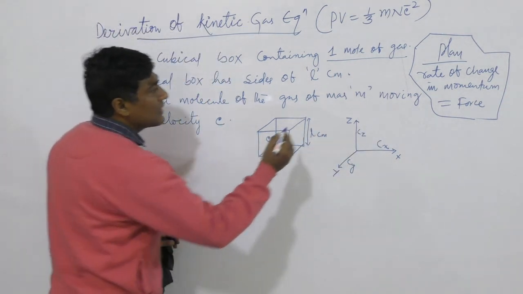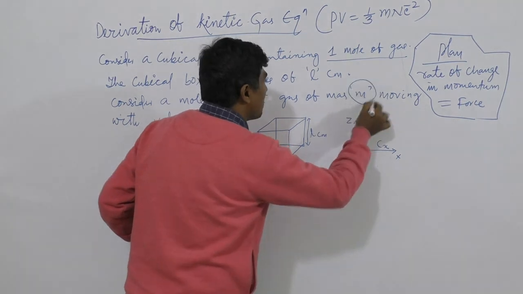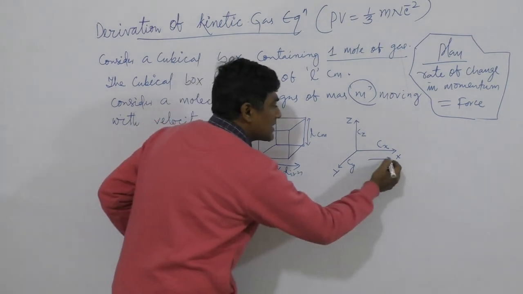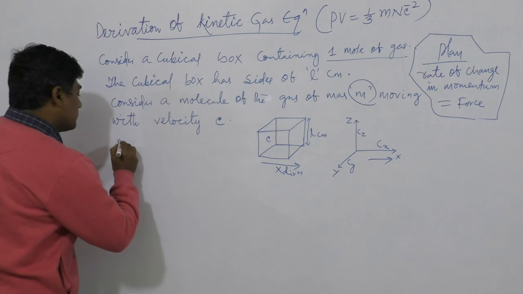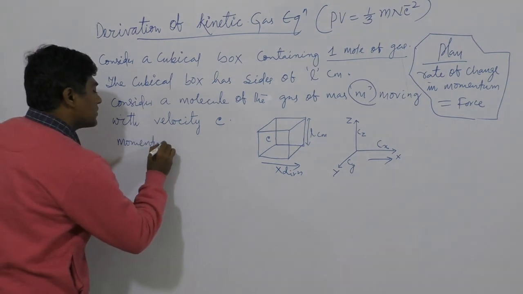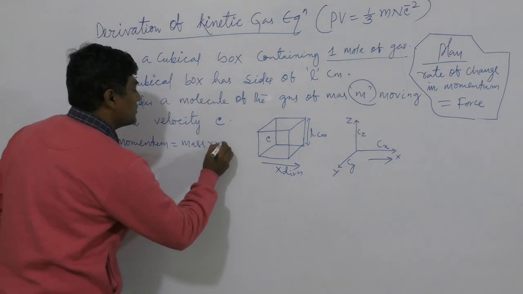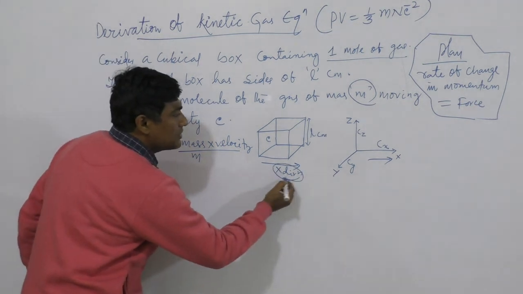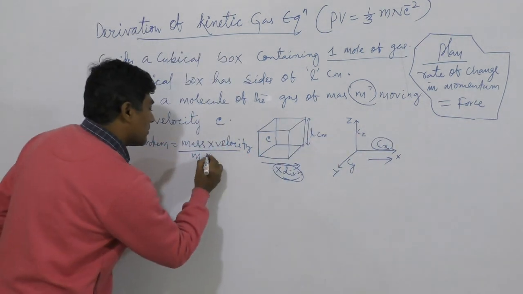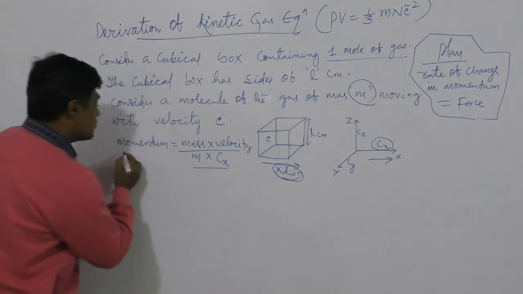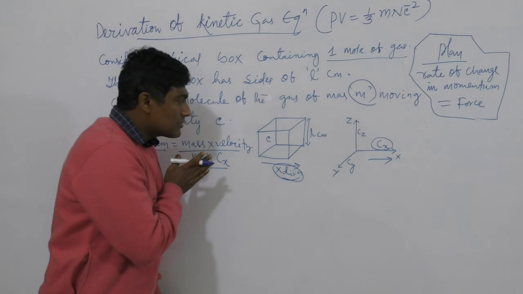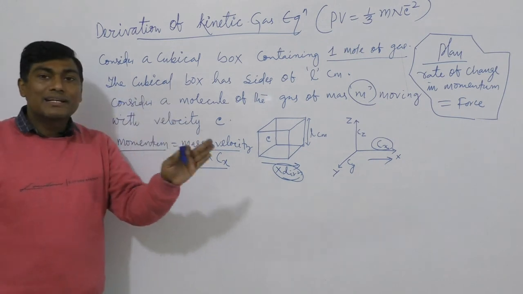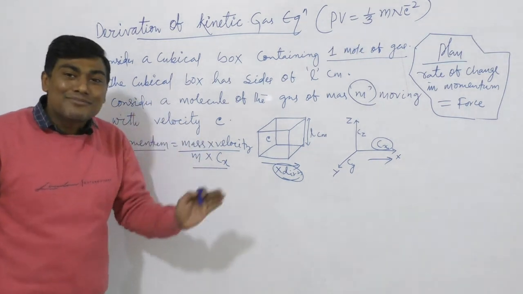Since the mass of the molecule is m, and we consider the x direction first, momentum is nothing but mass into velocity. So mass is m, and in the x direction the velocity is cx. So mcx is the momentum of one molecule moving in the x direction. You can take a screenshot or write whatever I am writing.